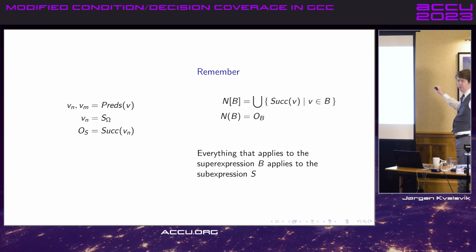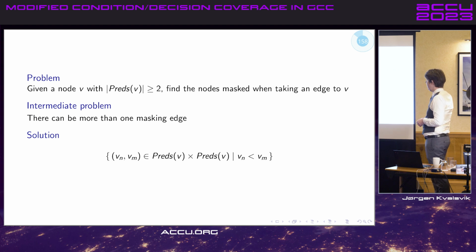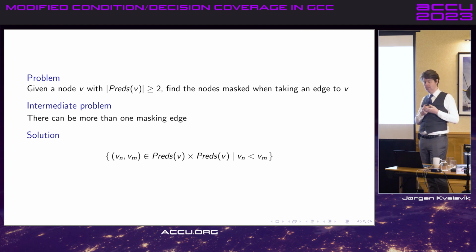All of this applies to Boolean expressions, which means it obviously also applies to sub-expressions. Okay, so given a node with two or more predecessors, find the nodes that are masked when an edge is taken. There can be more than one. As you know, for any multi-term expression, that's very easy.